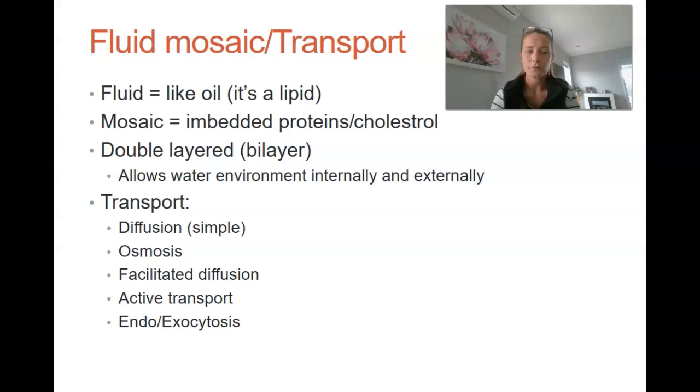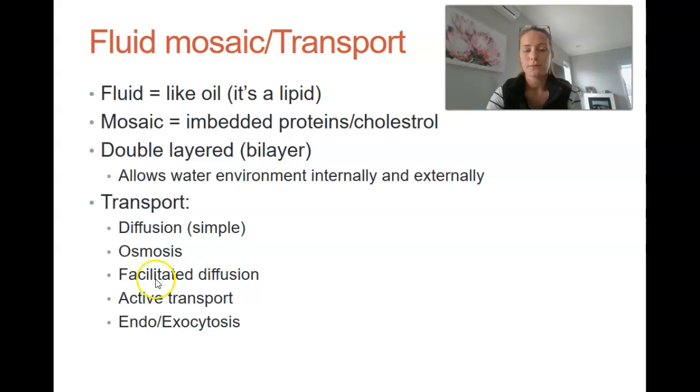Osmosis, very similar definition to diffusion, but you have to stipulate that you are talking about free water molecules. So it is the movement of free water molecules from an area of high concentration to low concentration of free water molecules across the plasma membrane.